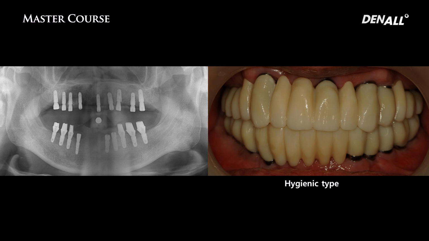If the abutment is visible in the smile line, then the patient might not want that. If the patient refuses strongly, then inevitably on the abutment side, you treat it with pink porcelain, or you have to go with the hybrid type. But with sufficient communication with the patient, designing with the hygienic type, in terms of long-term maintenance, I think is more favorable.